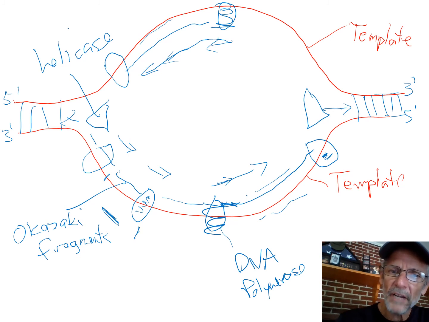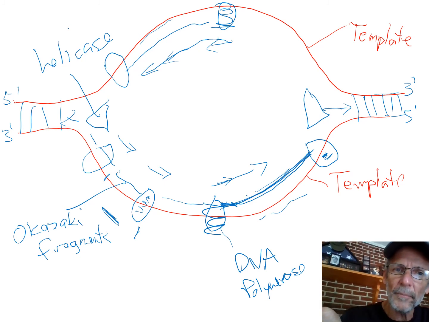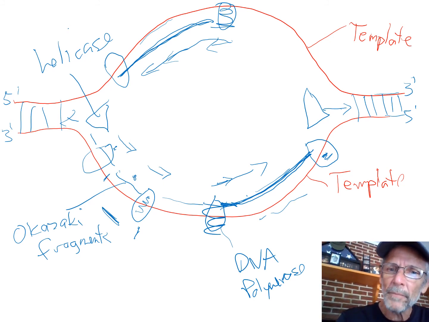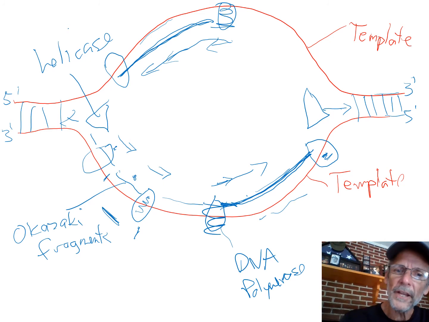These strands that I first talked about, this one that got made in that direction right there, and this one that got made in that direction right there, the ones that are being made continuously, not in little fragments that are going to get added together, like these Okazaki fragments, are called the leading strand. Leading strand.